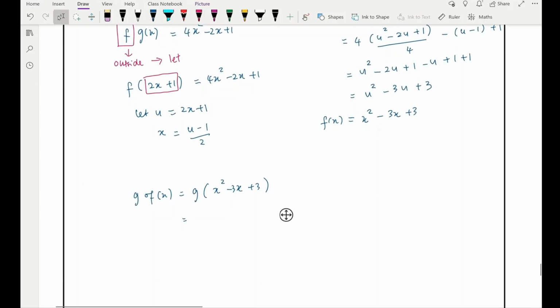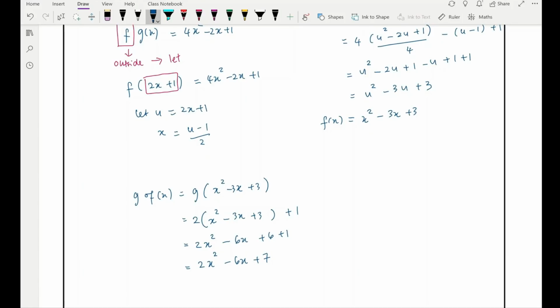So 2 times (x squared minus 3x plus 3) plus 1. So substitute the inside function. And then we can simplify. So the answer for g of f is 2x squared minus 6x plus 7.